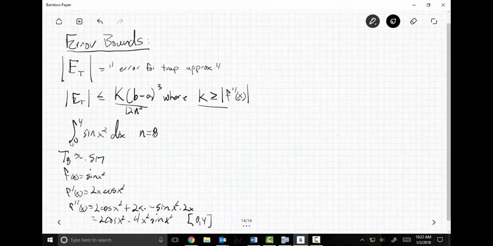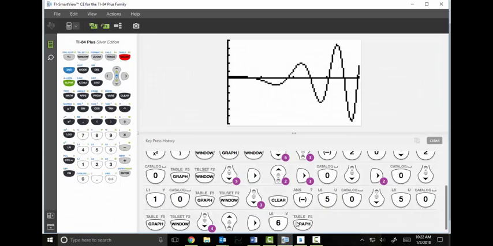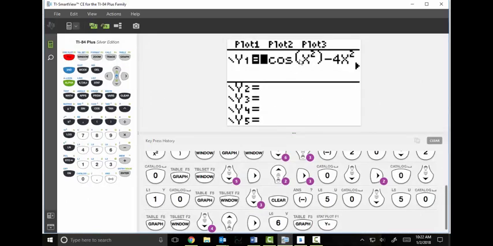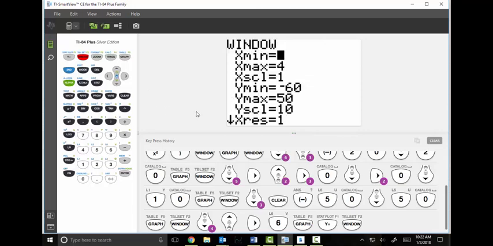Now, I was nice enough to do a little cooking show with you guys. Pow! And this is, if you look real quick, y equals 2 cos x squared minus 4x squared sine x squared. Now look at my window, because I jiggered with this thing just a little bit. I'm going from 0 to 4 because that's my interval, and then I played with it, and I get y min between negative 60 and 50, and y max is 50 with a y scale of 10.